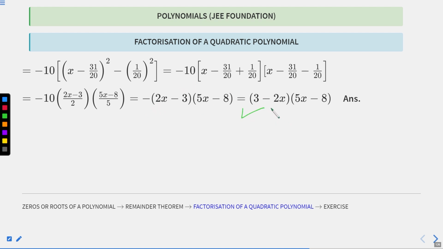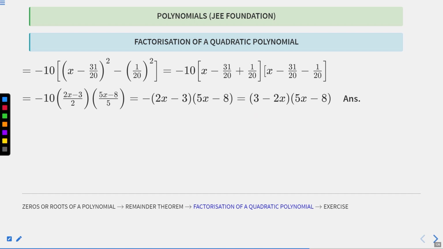So my given quadratic polynomial is the product of two polynomials, and each of the polynomials is a linear polynomial. I hope this is clear to you. From this factorization you can analyze the original polynomial.